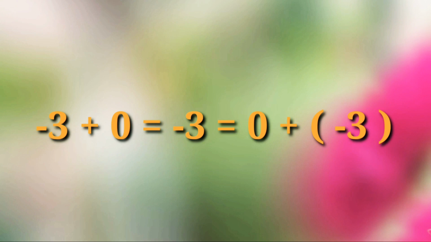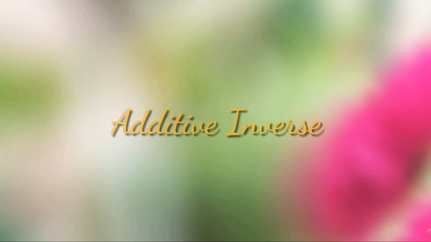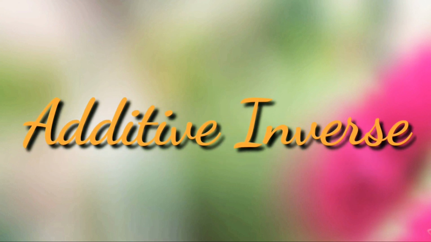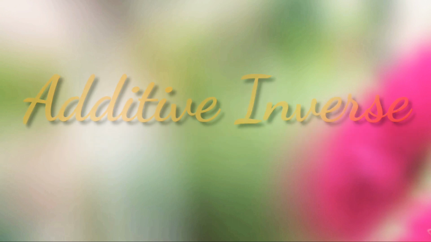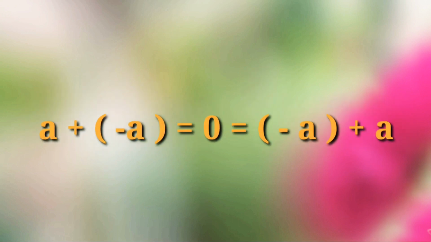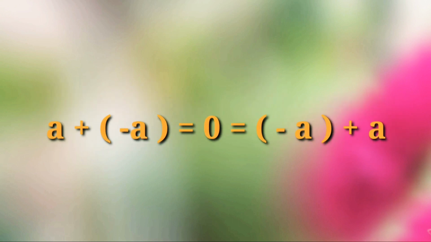The answer will be -3. And our next property, that is additive inverse. If you have an integer a, its additive inverse will be -a. So a plus -a equals 0, equals -a plus a.